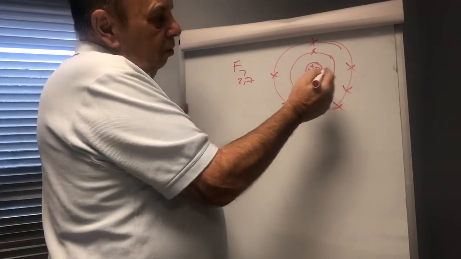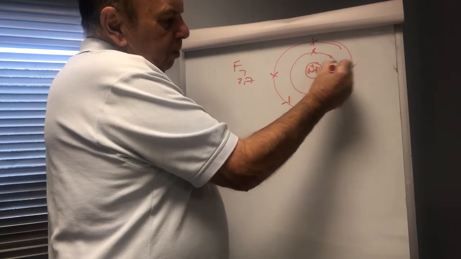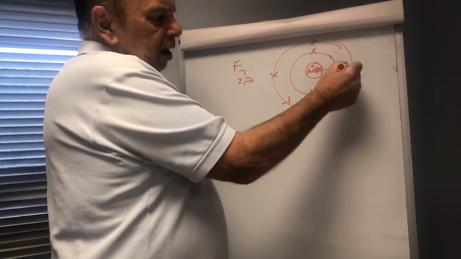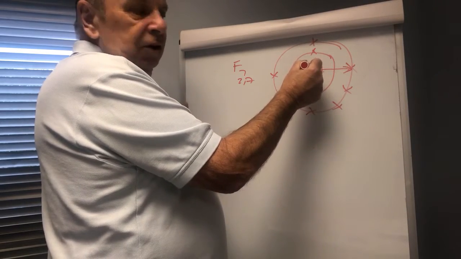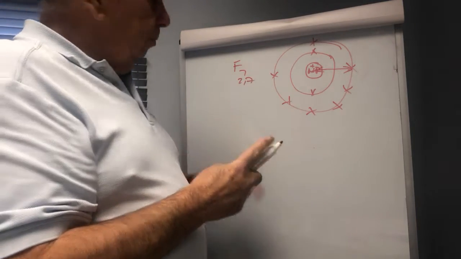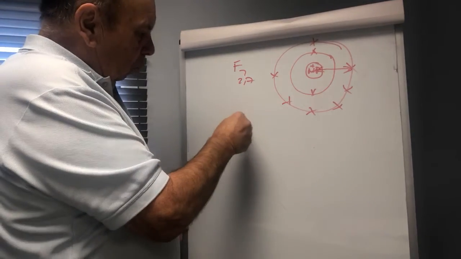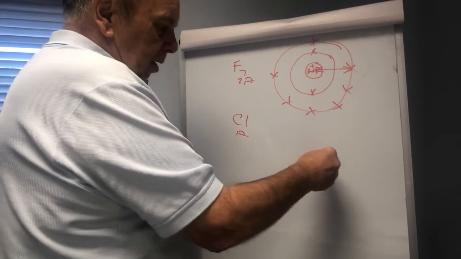So if you look at that, the forces between the outer electron and the positive nucleus would be quite strong compared to chlorine, which is 2, 8, 7.